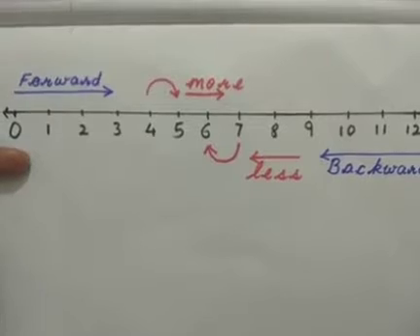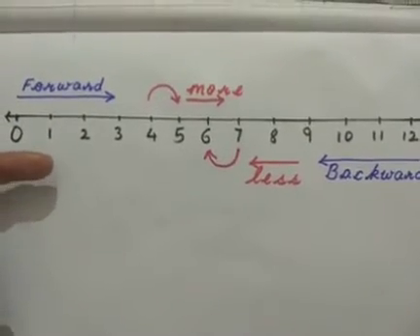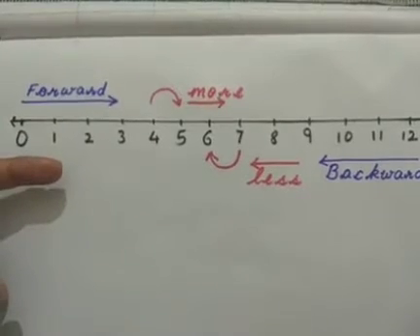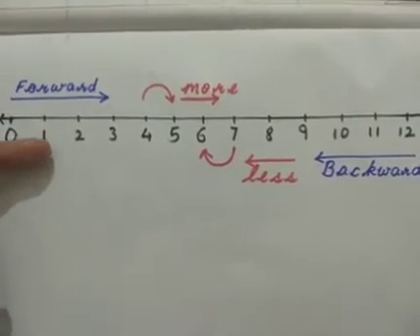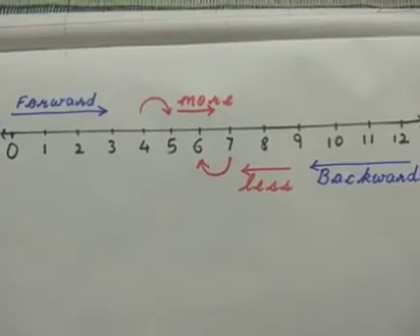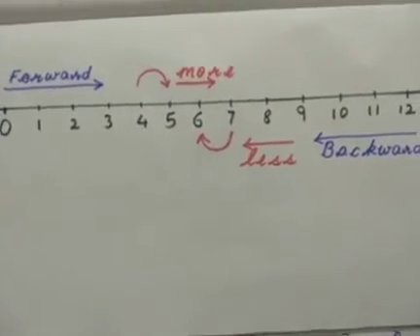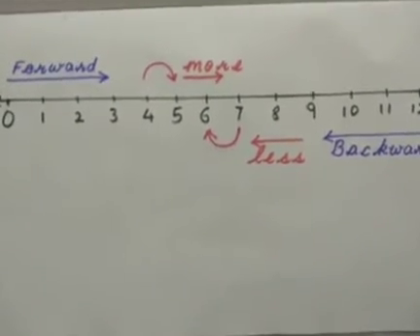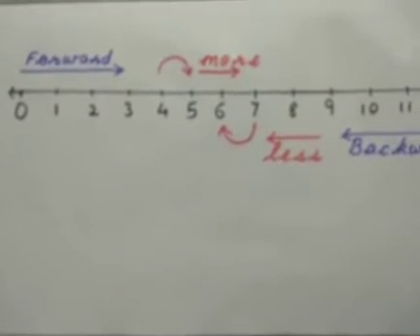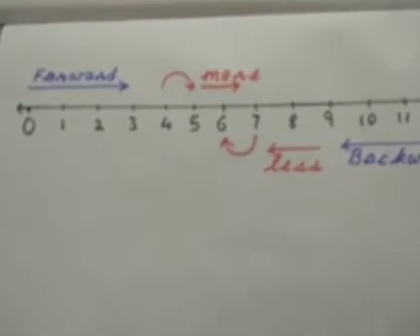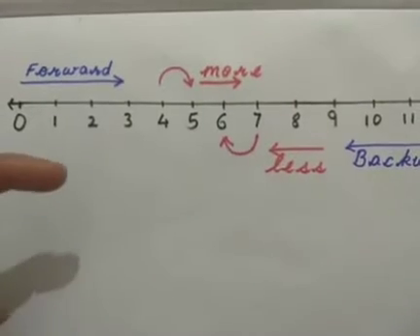Just like here. 0 means nothing. And then the next number when we go forward is number 1. So number 1 is more than 0. How much more? It is 1 more than 0. Yes? And then we come more forward.